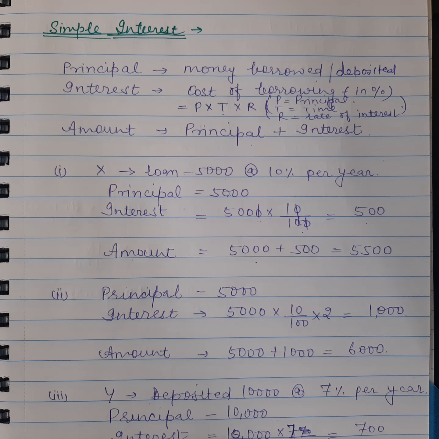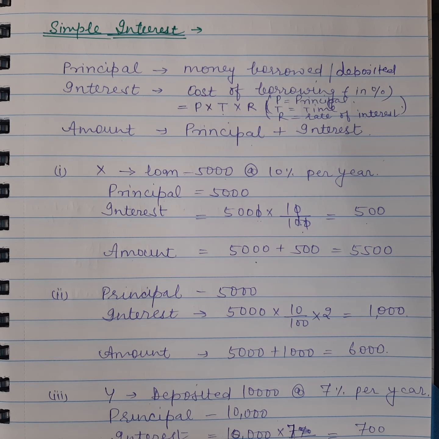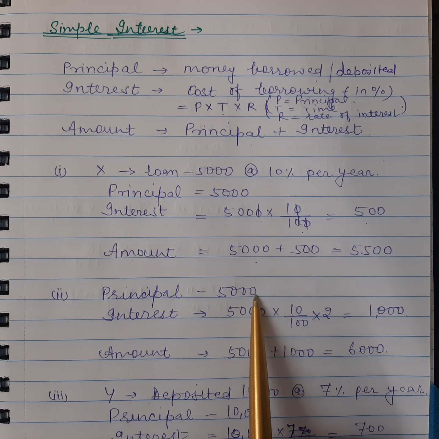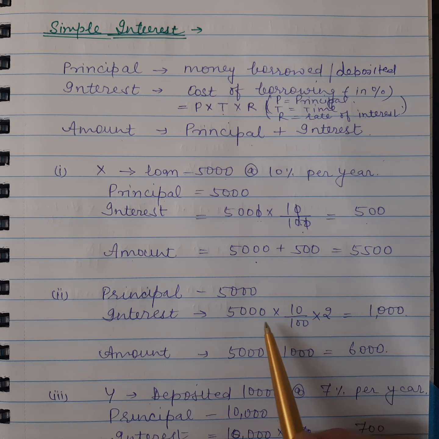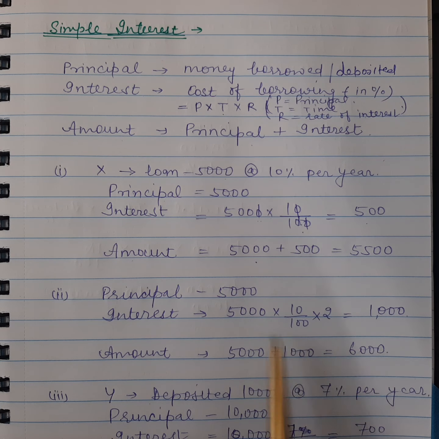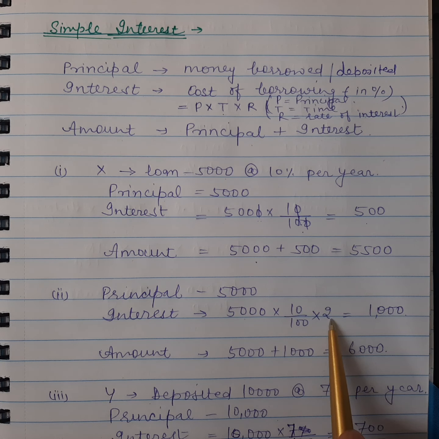Now let's assume he has taken this loan for 2 years. Then the principal will remain the same, but the interest will be higher because for 2 years he'll have to pay the interest. So let's again put the values in the formula: 5,000, then rate of interest 10%, and then we multiply by 2 because he has taken it for 2 years.